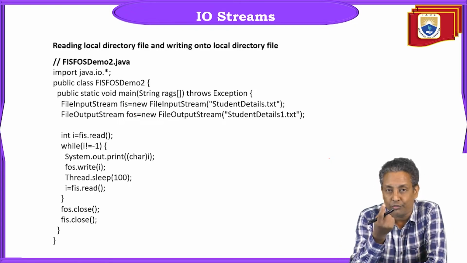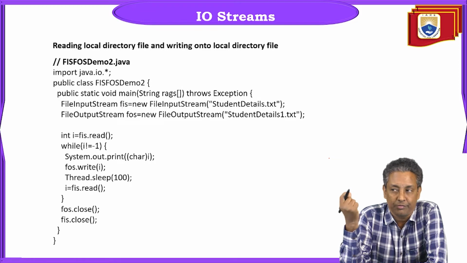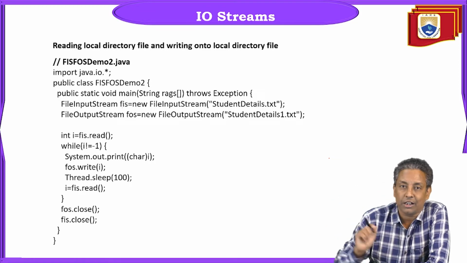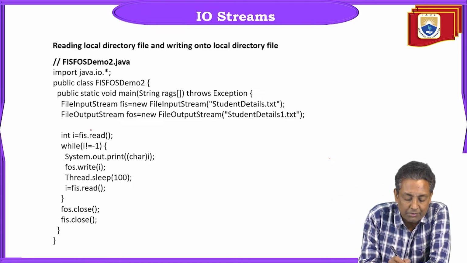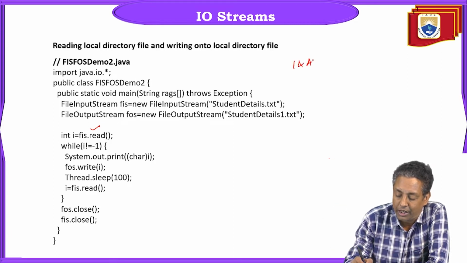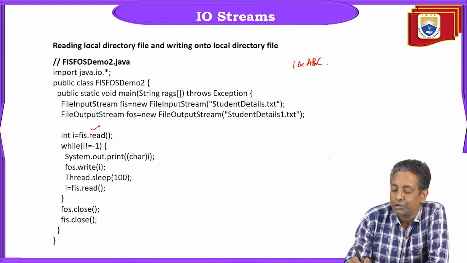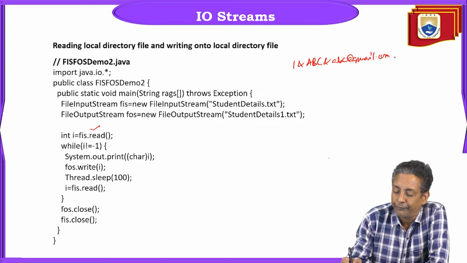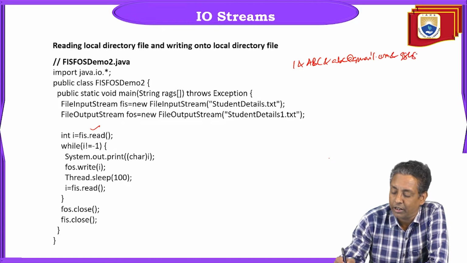So then what do we have to do? We have to read one character from the first file and write it into the second file. What to do? File input stream dot read. Suppose, for example, the file content is: ABC, a student ID, student name, email abc@gmail.com, and the next mobile number 9848-12345, something like that.